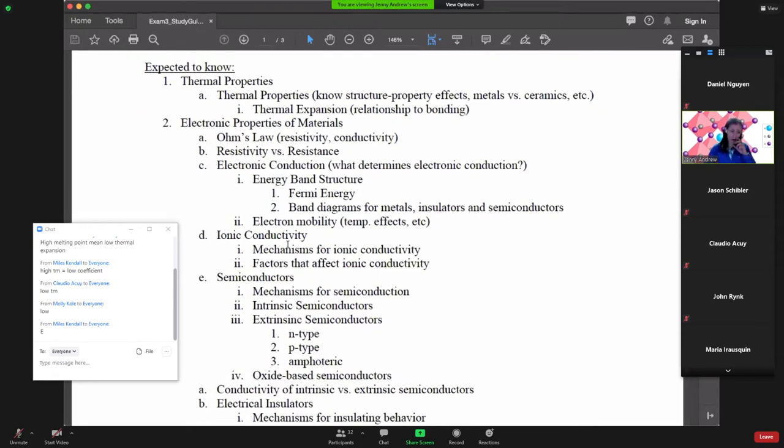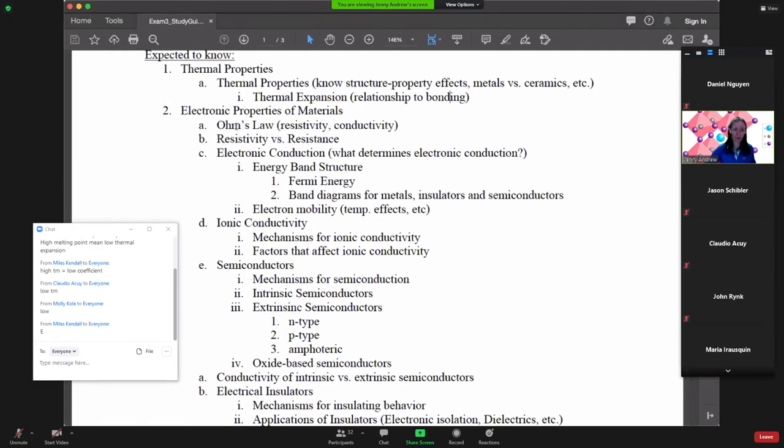It's pretty cool. All right, so that's thermal expansion. Electronic and mechanical properties, that's where we spent a lot of our time in this last block. So when we talked about electronic properties of materials, we looked at Ohm's law. Of course, from a circuits course, you all are probably pretty familiar with V equals IR. And then we rewrote that in terms of material properties, say resistivity or conductivity.